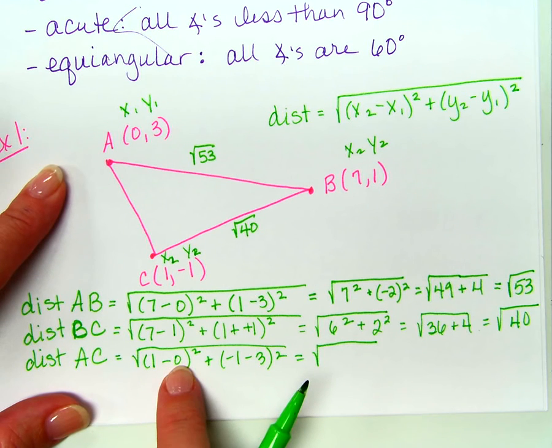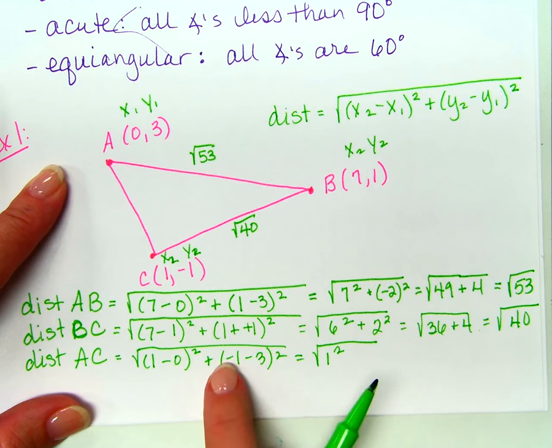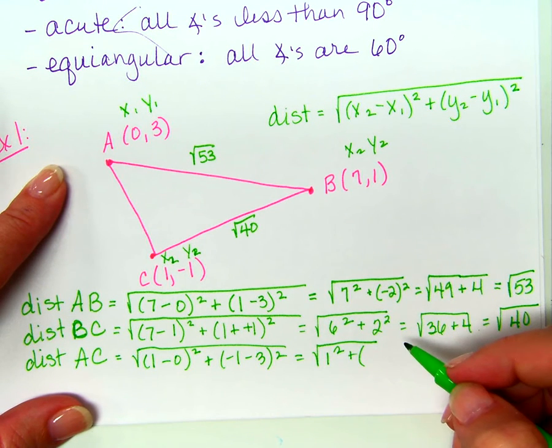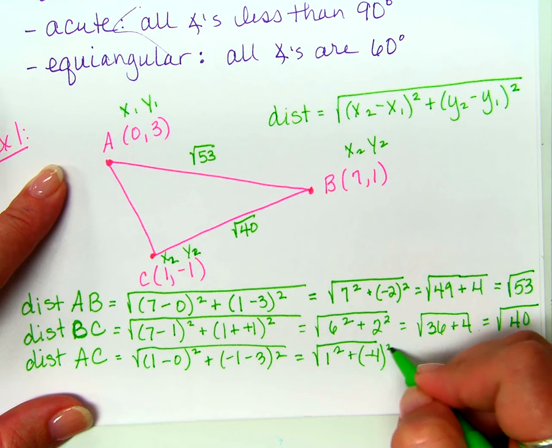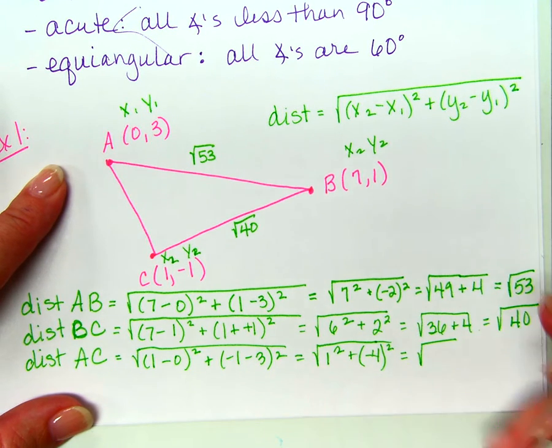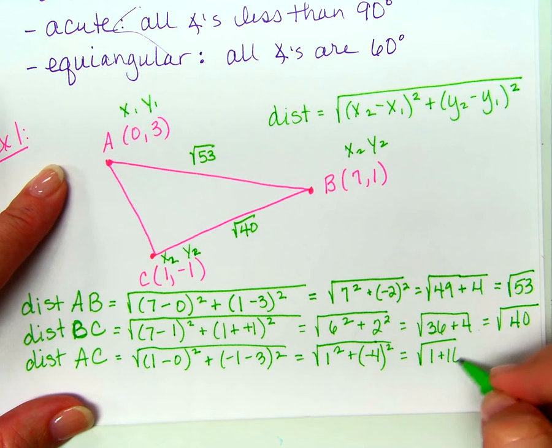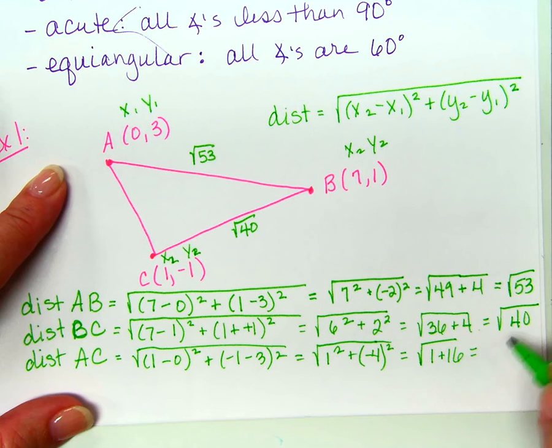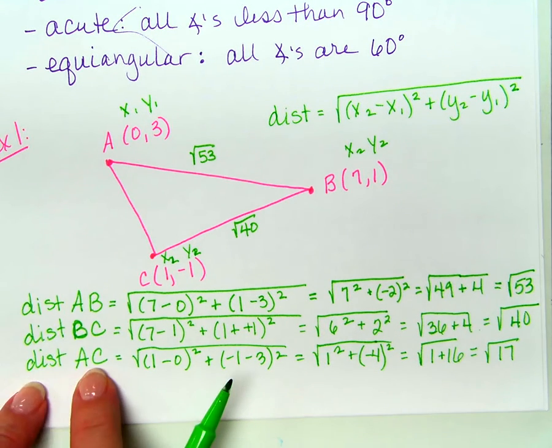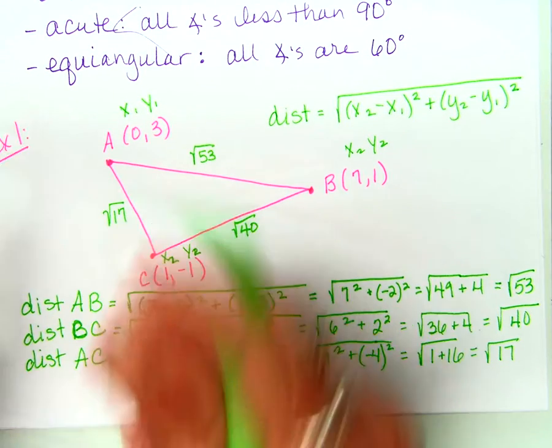What's 1 minus 0? 1. What is negative 1 minus 3? Negative 4 squared. What is 1 squared? 1. What is negative 4 squared? 16. 1 plus 16? 17. So that means that was the distance from A to C. So this distance right here is the square root of 17.